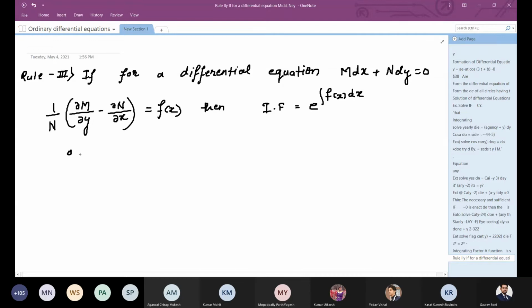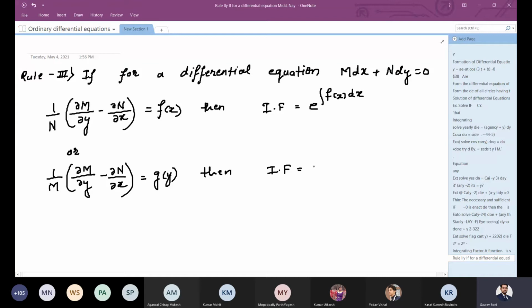Or 1 upon M times the partial derivative of M with respect to y minus the partial derivative of N with respect to x is equal to g of y, then the integrating factor is equal to e to the power minus integration g of y dy.